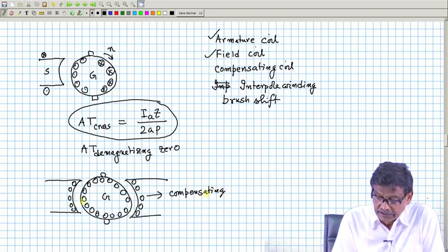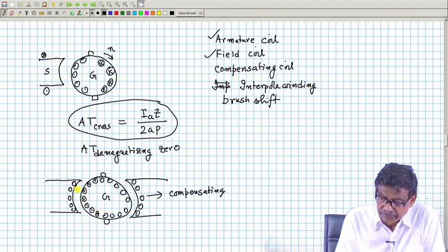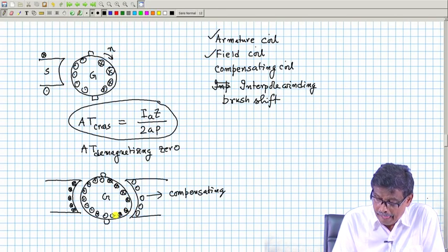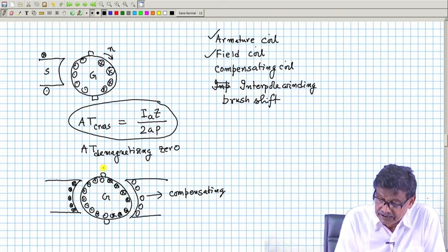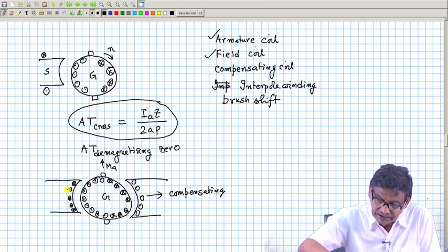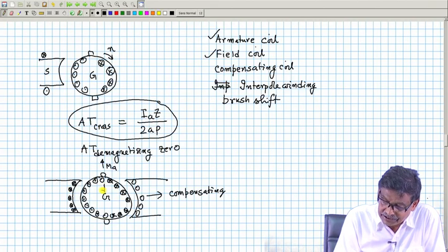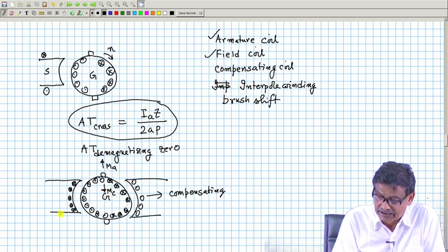Because the compensating coil will produce flux along the q axis. So, this is cross, and I must connect this coil such that this becomes cross. The armature field is in this direction, and you see the compensating field is in the opposite direction.